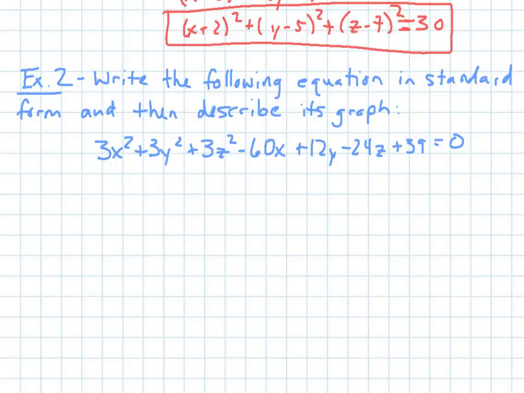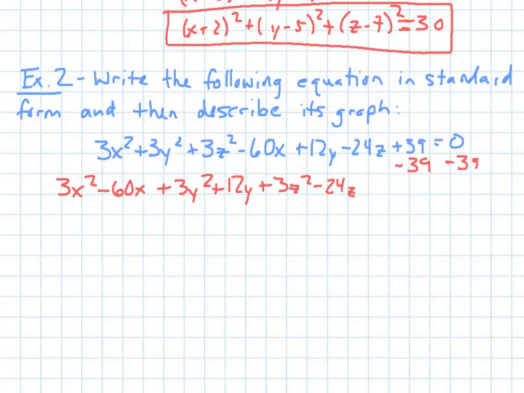So here you want to group all your stuff: 3x² minus 60x, then 3y² plus 12y, and then 3z² minus 24z. You also want to move this 39 to the other side, because it's not going to help you with your perfect squares anyway.